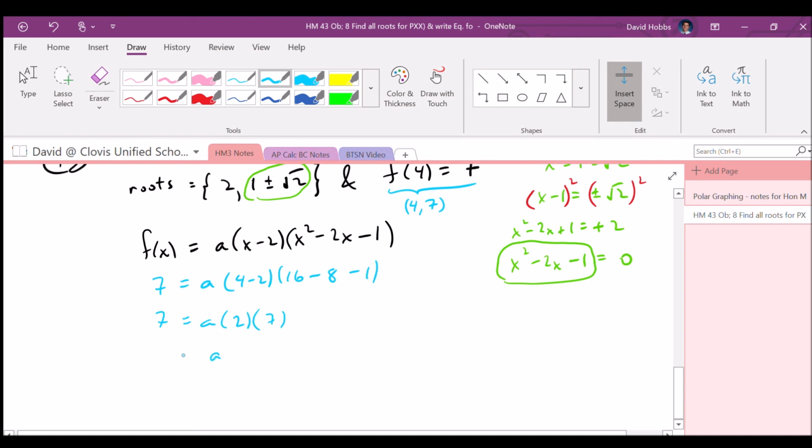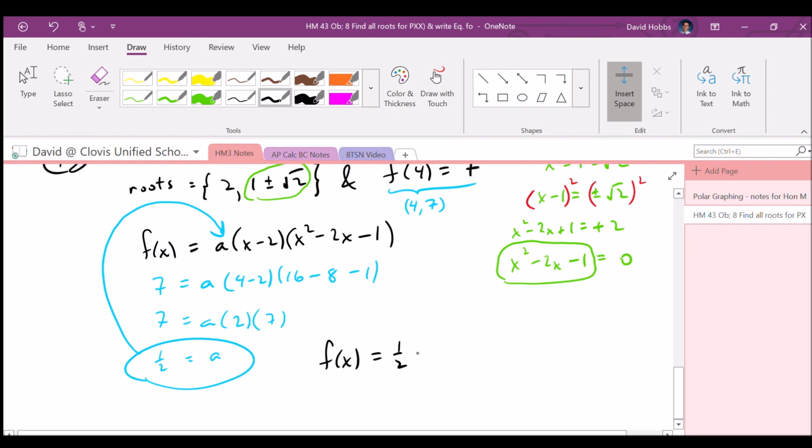So a would be 1/2. And so our function is f of x equals 1/2 times x minus 2 times x squared minus 2x minus 1.